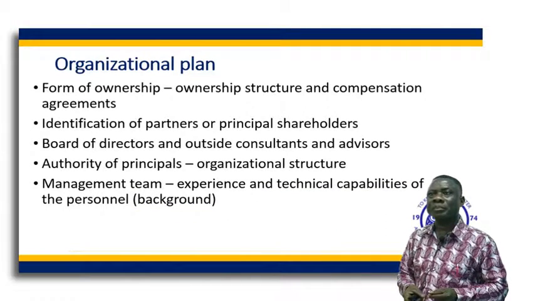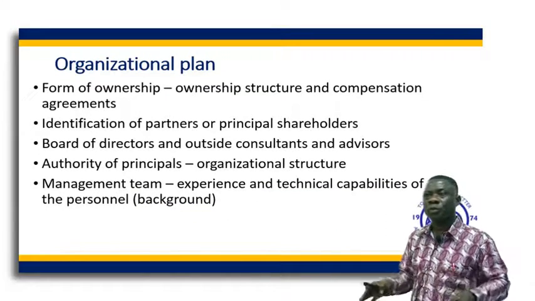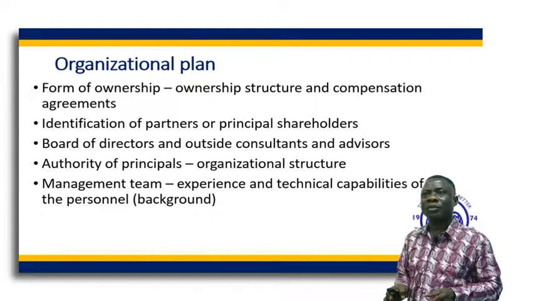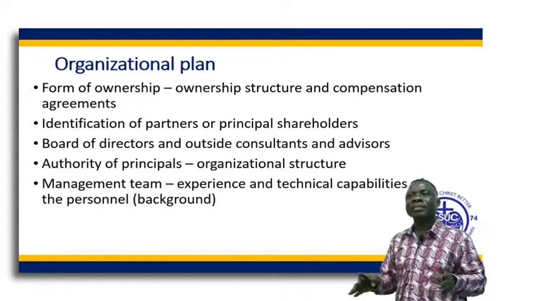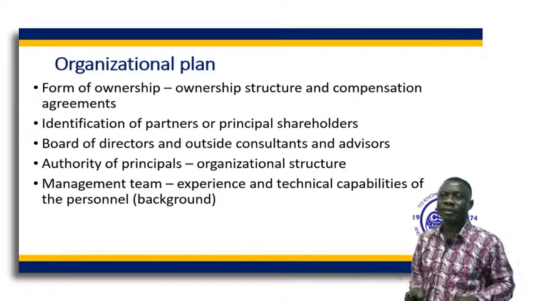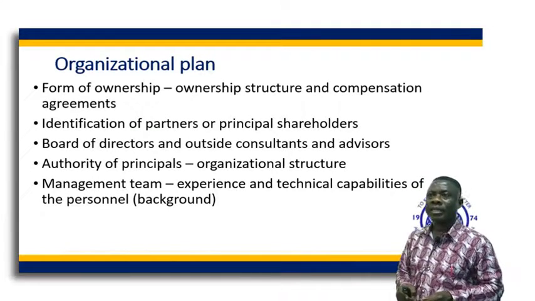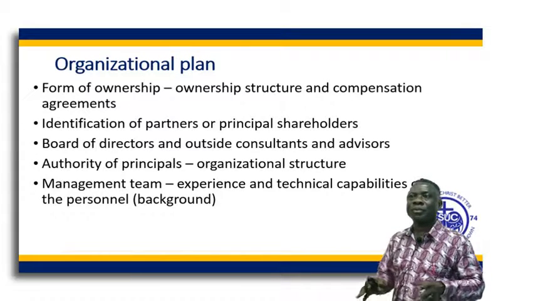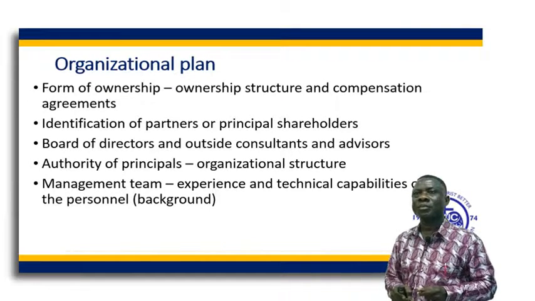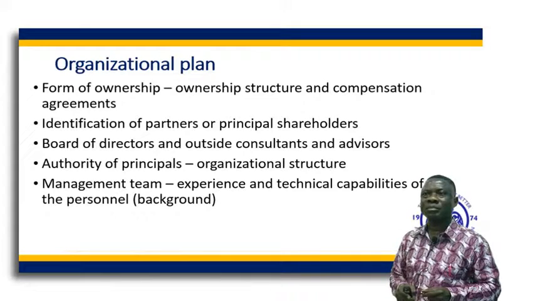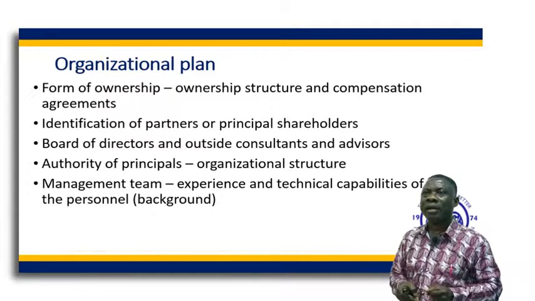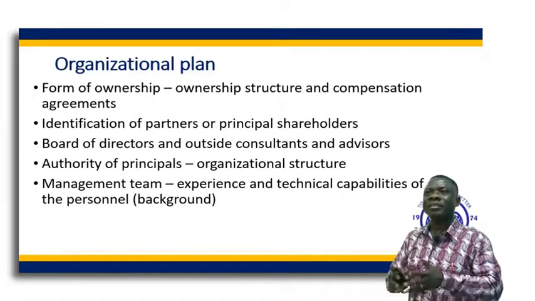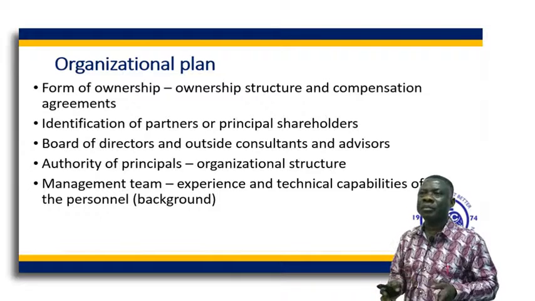The organogram should be followed, and that is also going to be done in such a way that it orders the management of the organization. The management team, here talking about the people who constitute the management, the directors, the CEO, name them.